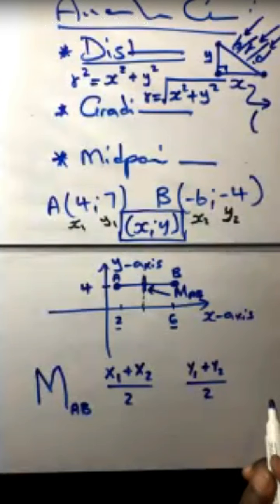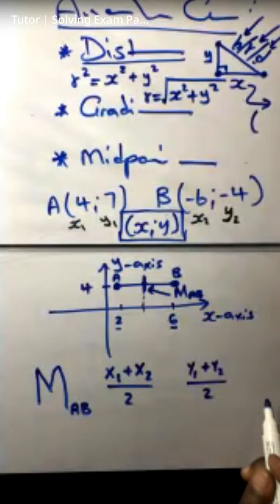So for point A, it would be positive 2 and positive 4. Which one is which? What is x? What is y? So our y value is 4. Our x value is 2 for A, sir.